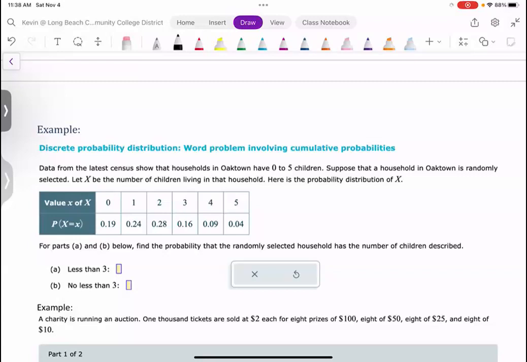All right. So let's look at part A. So parts A and B below, find the probability that the randomly selected household has a number of children described. Less than 3 children. So less than 3 is here. So that's looking to me like 0.19 plus 0.24 plus 0.28.